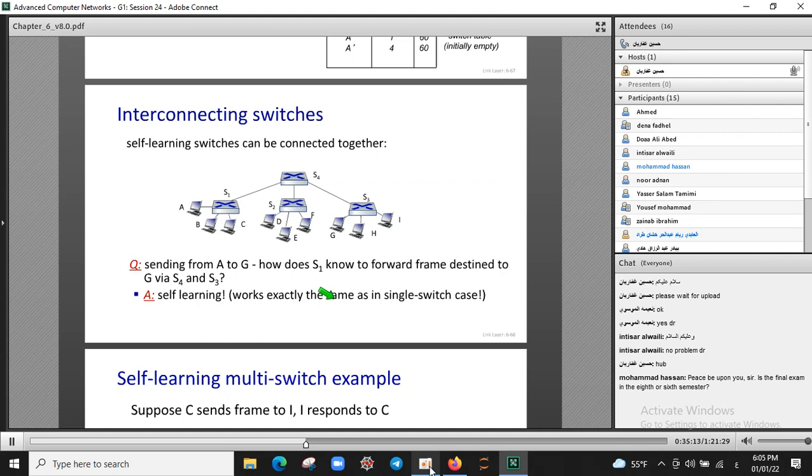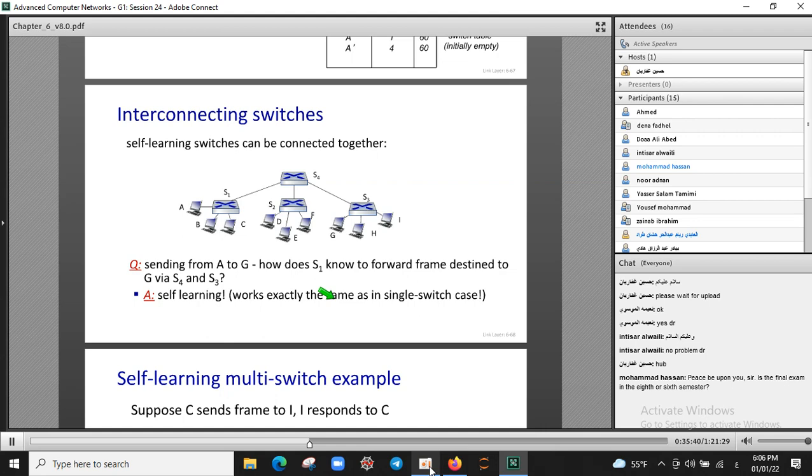But what will happen if we have a large network? For example, a university has different faculties, and each faculty has several buildings, and each building has several parts, for example floors, classes, and rooms.